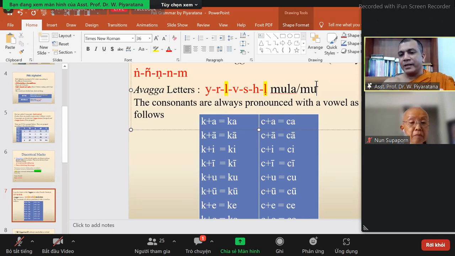When we count ya, ra, la, va, sa, ha, they are not included in any vagga, so they are called avagga.